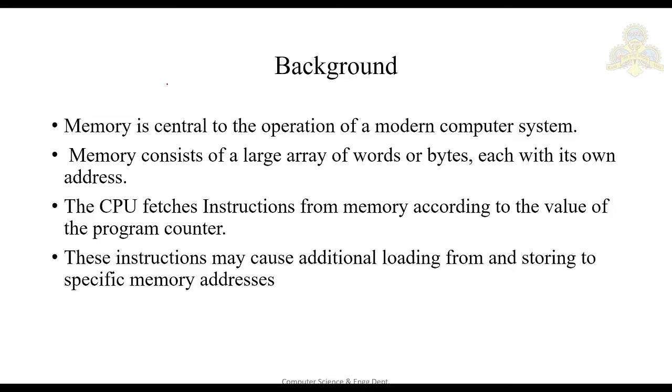Whenever an instruction is being executed, the data which that instruction needs should be either in the main memory or in the registers. If the data is not in this directly accessible memory, that is your registers or the main memory, then it must be moved before the CPU can operate on it.